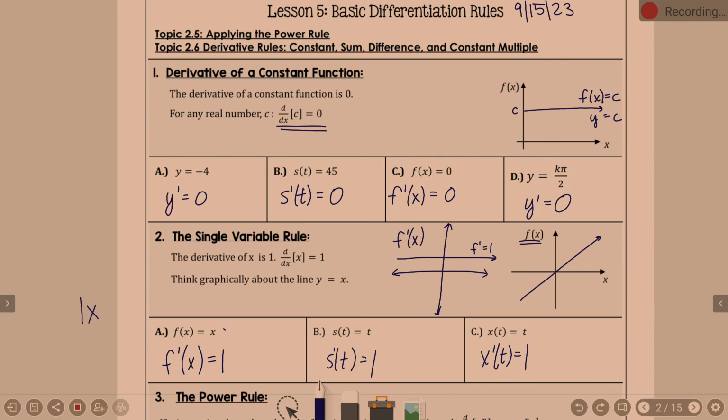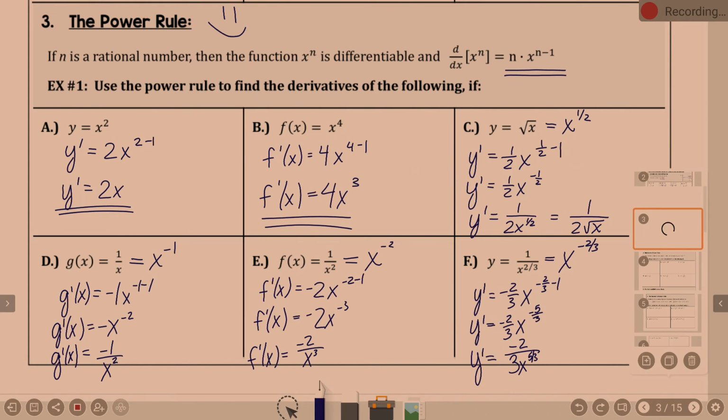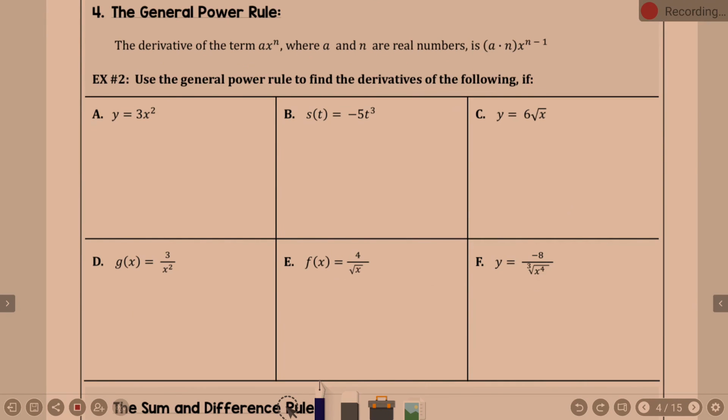If I subtract 1 from my power, it's x to the 0, which means it's just whatever my coefficient is. You're always just going down a power. And so Monday, we'll practice this same rule again. The only difference on this page is there's already a coefficient there. So when we move that 2 out front, 2 times 3 is 6.